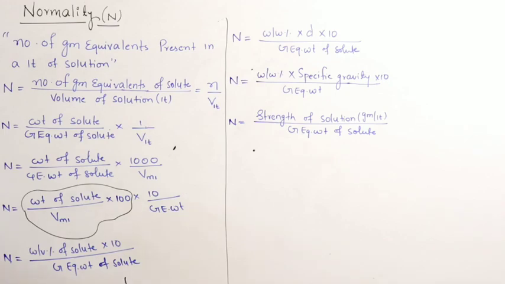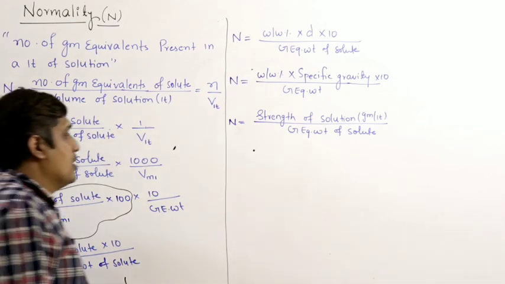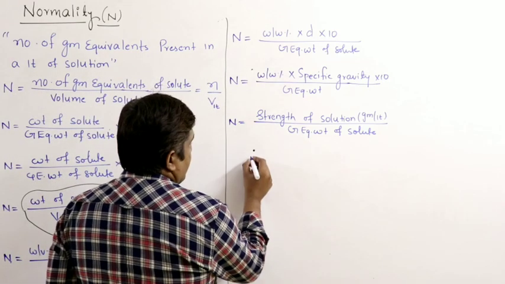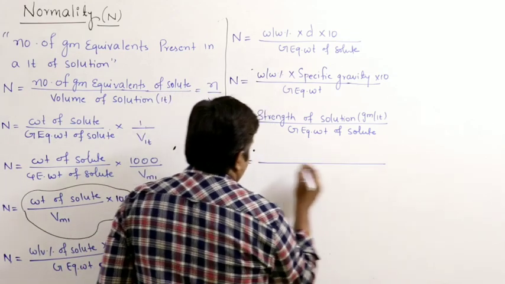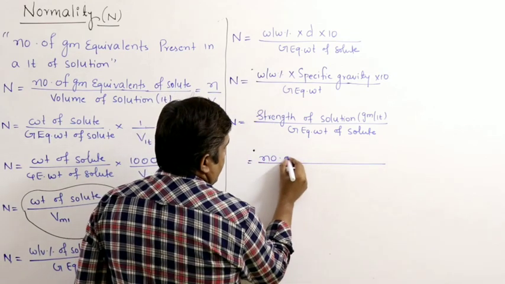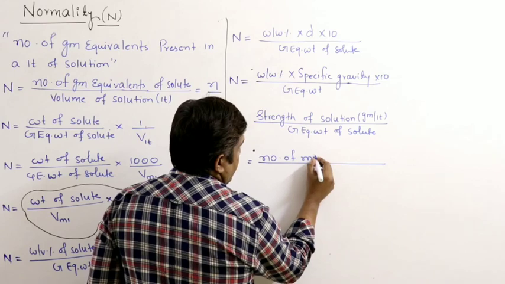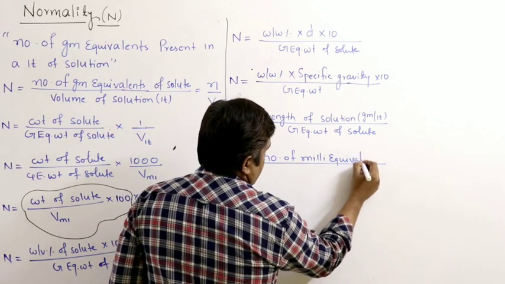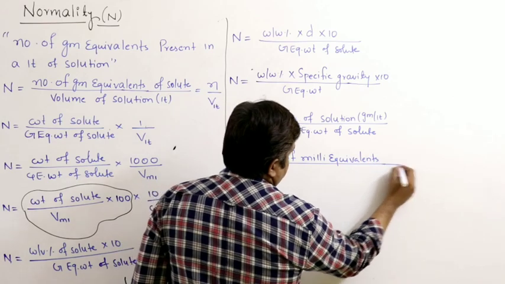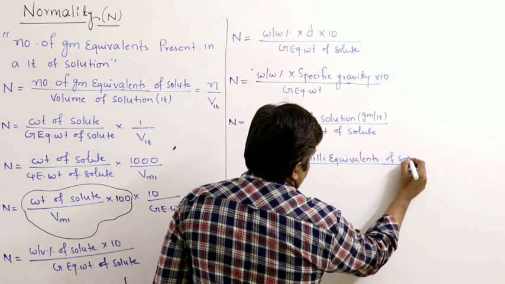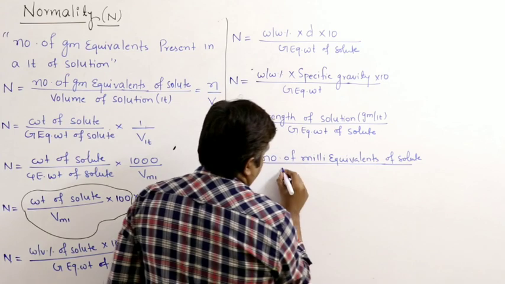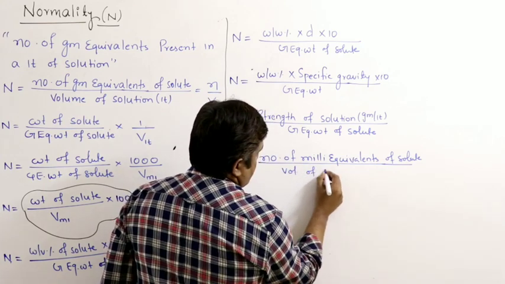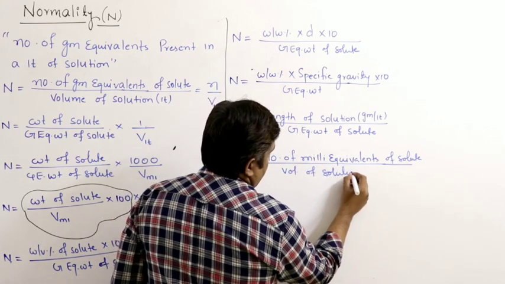Or you can also express in terms of millimoles. Multiply with 10 power minus 3, what we get? Normality equals number of milli equivalents of solute by volume of solution in ml.